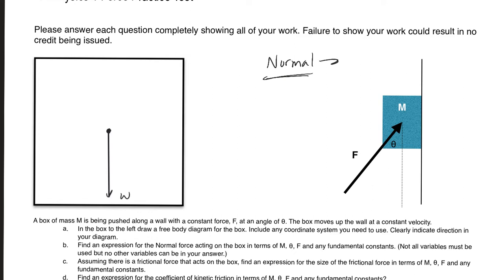But normal means perpendicular. The problem is, I met a student two weeks ago who didn't know what the word perpendicular meant. All right, that's fine. If I had known that a month ago, I probably would have done things differently. But I didn't.